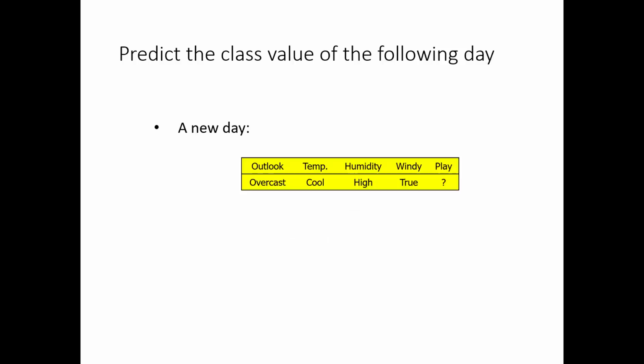Now, let's move on to another example. Predict the class value of this date. We have discussed how we can find the class when you're given a new instance. So let's see whether you can calculate the class for the given date.